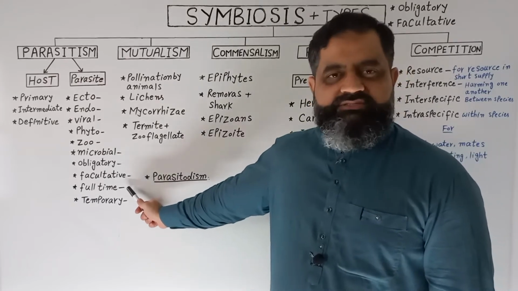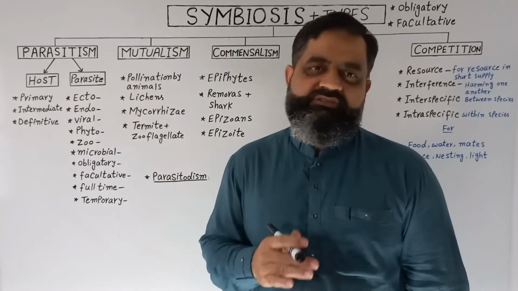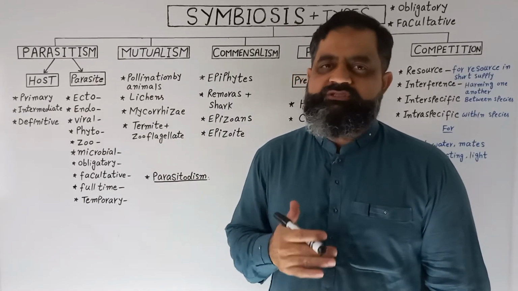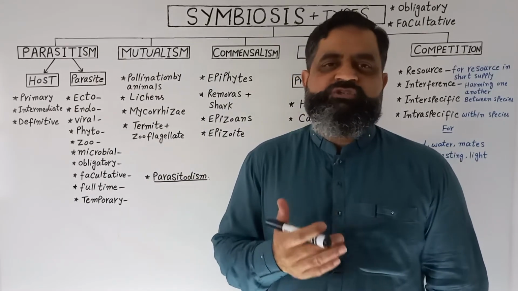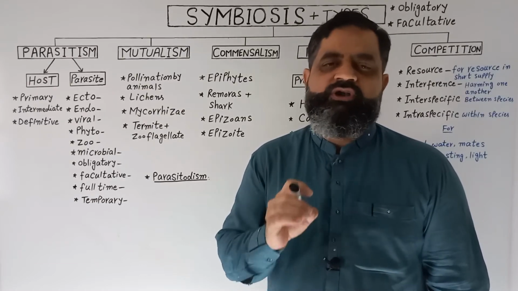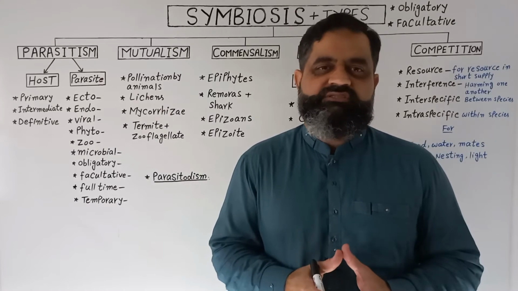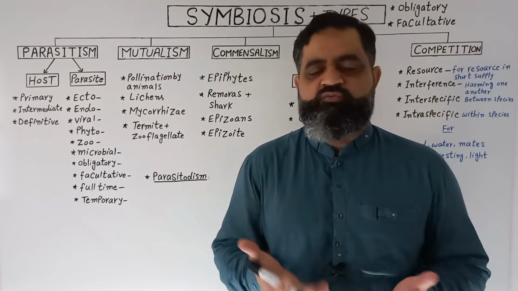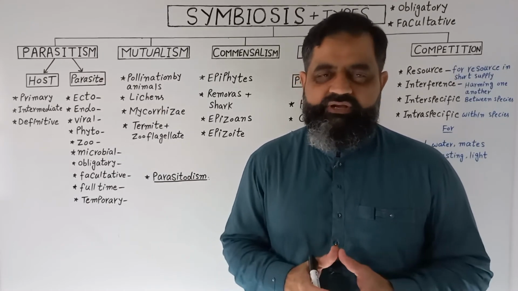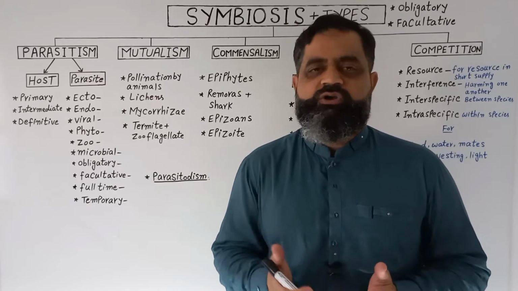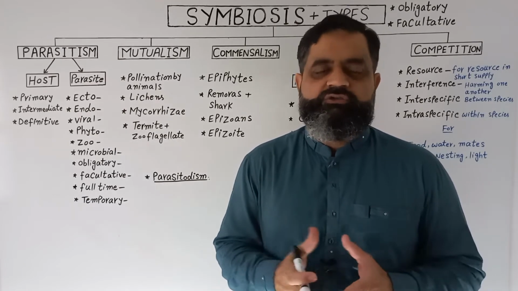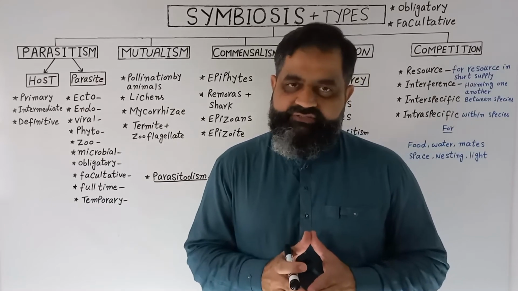There are full-time parasites, whose whole life is lived as a parasite, while there are other parasites which are only part-time or temporary parasites, like a mosquito that bites a human being, sucks the blood and then leaves. In the same way, a leech is a temporary parasite. Bacteria, viruses, roundworms and tapeworms are permanent parasites.